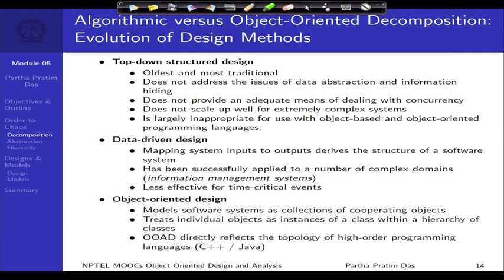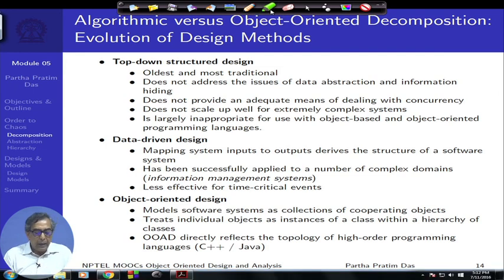Now, let us quickly take a look at how these two decomposition approaches compare. If you look into the history of what different design methods have been followed, there have naturally been tens of them, if not hundreds of them. But the most dominant ones have been the top down structured design, where you start from the most complex system as a whole and then you start breaking it down.